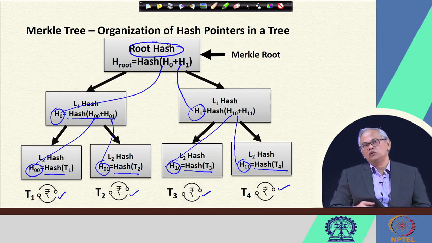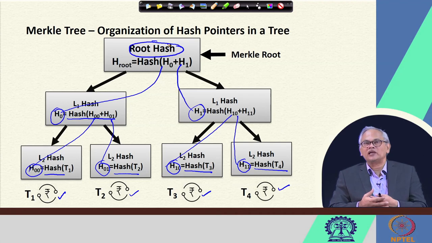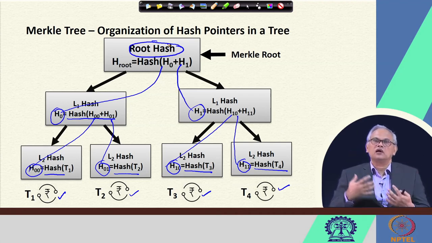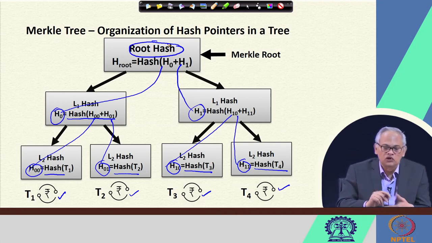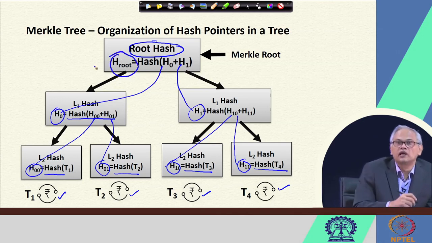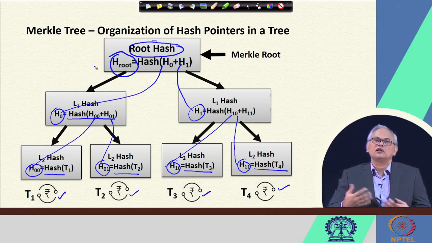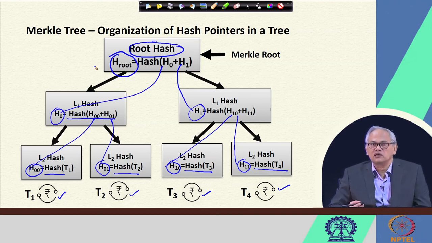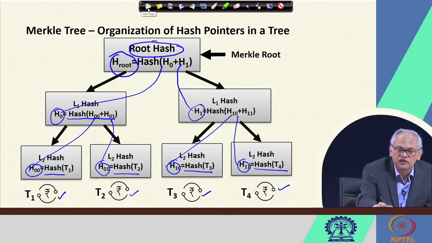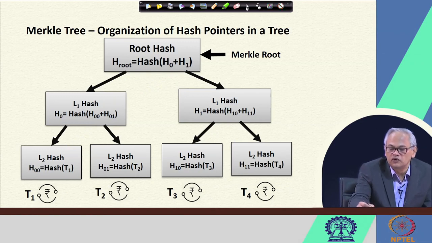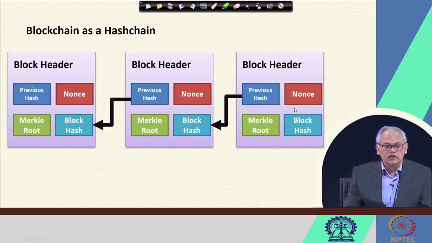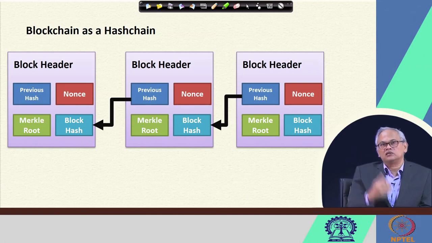Then we try to ensure that the blockchain is tamper proof by keeping the hash of this root hash, that is the hash stored in the root of the Merkle tree, the H root, and along with that we add some more pieces of information and create a hash of that, so that changing it without getting detected will be computationally very, very difficult. That is what we will see in our later slides. So, just a brief glimpse of that.